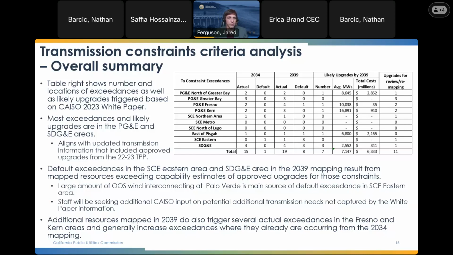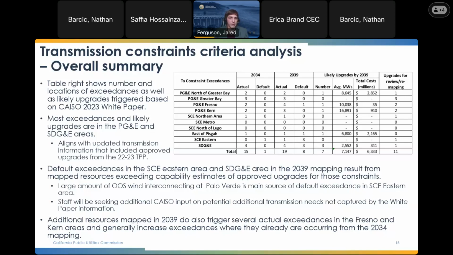So these are constraints where we have a large number of resources causing the exceedance. So it's like we're exceeding the constraint by a couple thousand megawatts or things like that. So we're clearly exceeding.